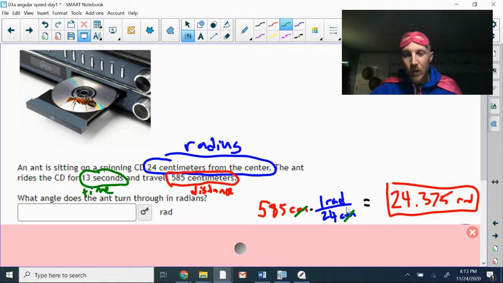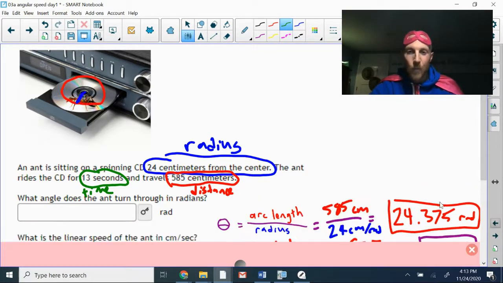Now you can see where that other calculation came from. This 585 is a whole number multiplied by 1 over 24. That's essentially the same thing as 585 divided by 24. Arc length divided by radius gives you the radians.